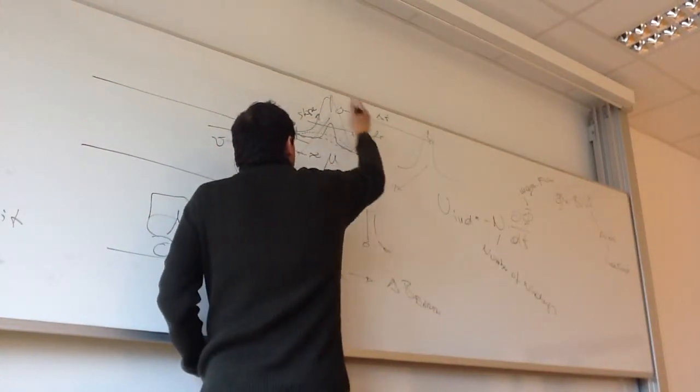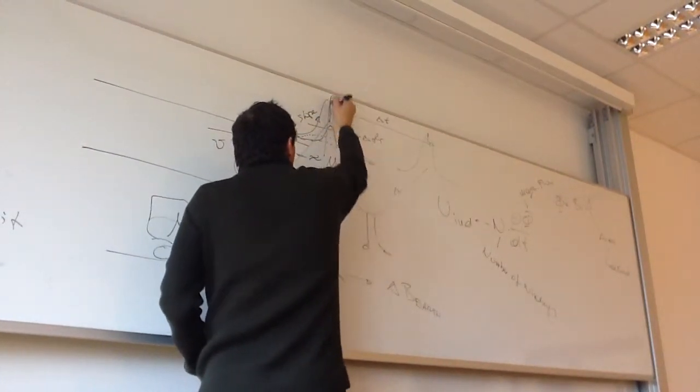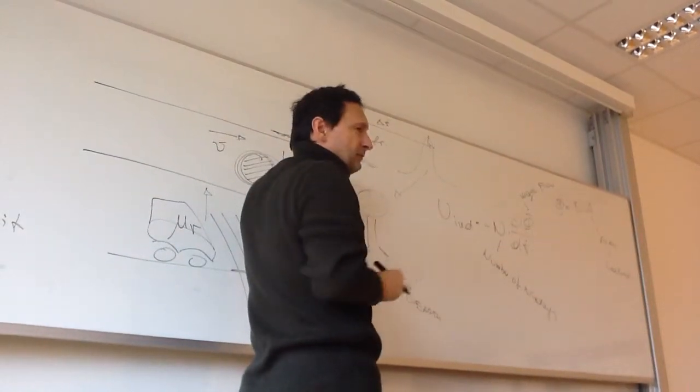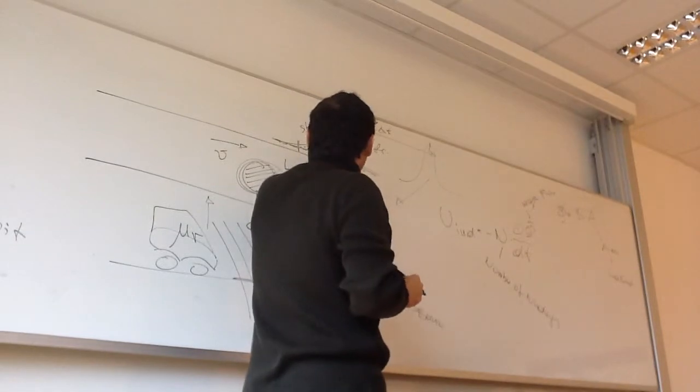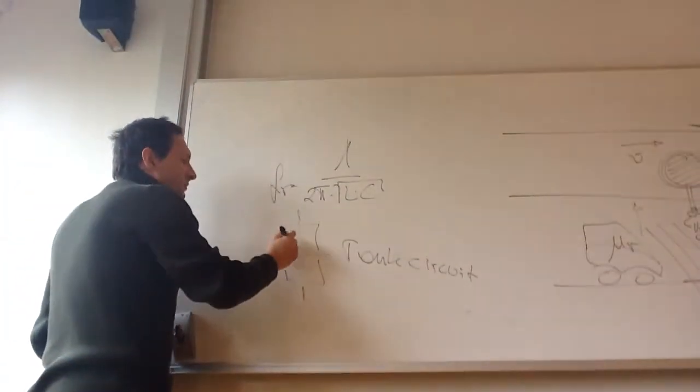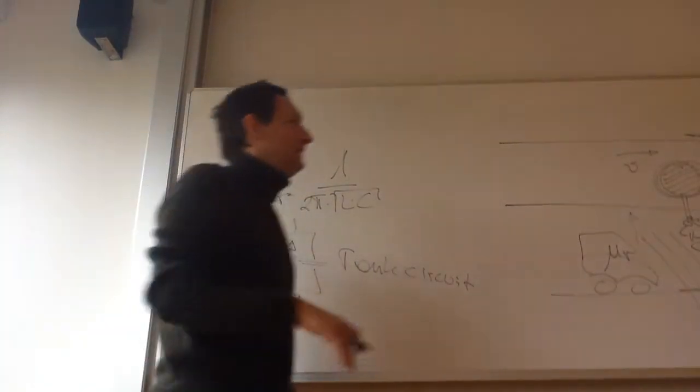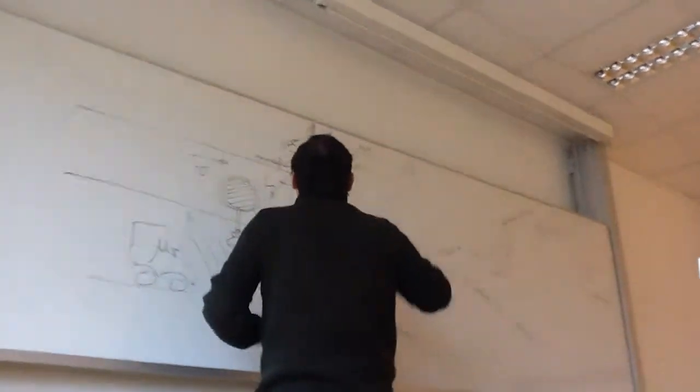You have this resonance curve of the circuit. Normally you excite the circuit with the tuning frequency, and if the resonance circuit is changing due to the changes of your inductive component, then this resonance curve will be shifted.